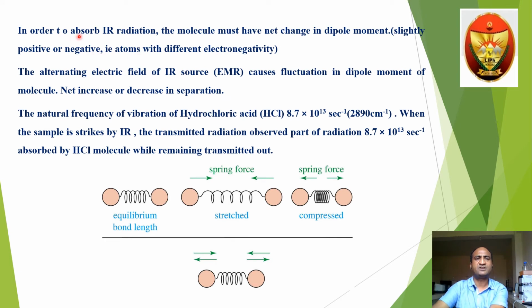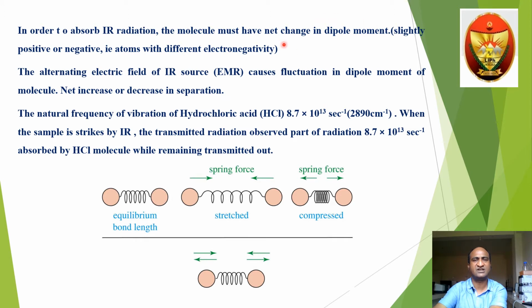Each and every compound will not absorb infrared radiation. For example, compounds like oxygen, nitrogen, and hydrogen, where the net dipole change is zero, will not absorb the IR. To absorb the IR, the molecule must have a net change in the dipole moment.